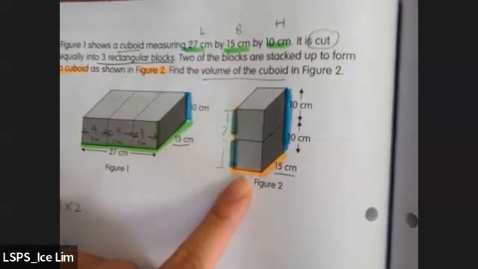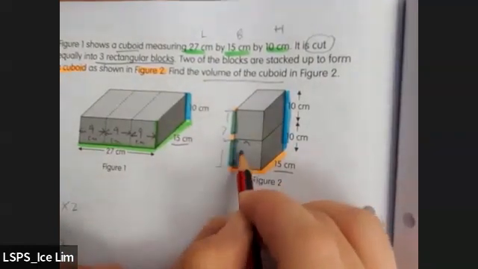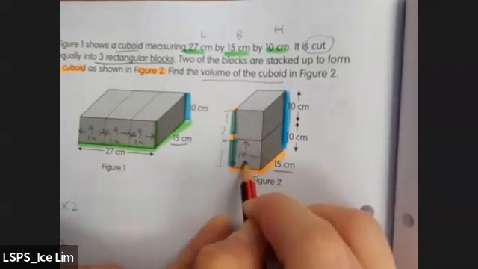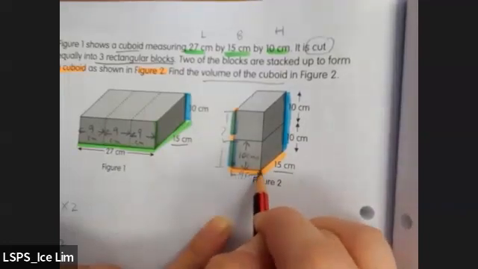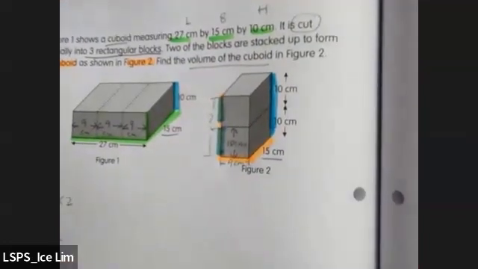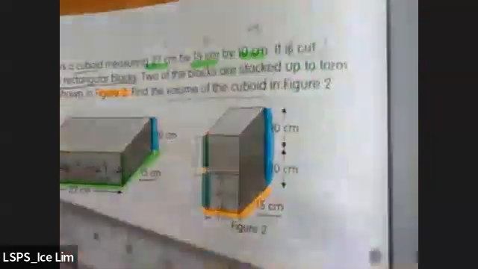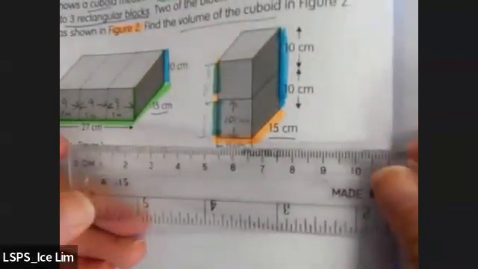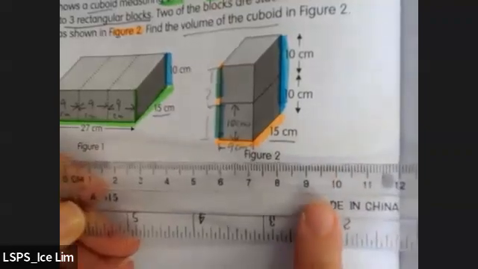Now, why does it look like a square face? Because this one height here is 10 centimeters, very close to 9. It's a very slight difference. So if I look at a real ruler here, 10 centimeters is this length, and 9 is one finger difference.